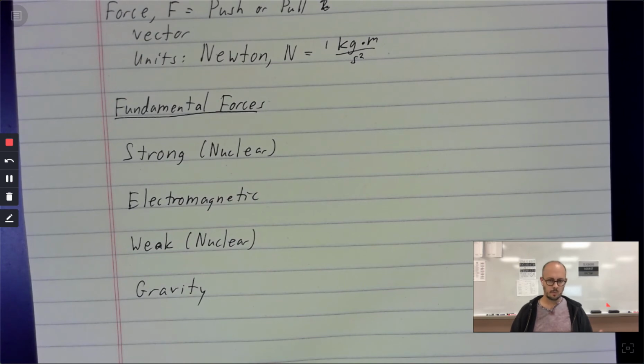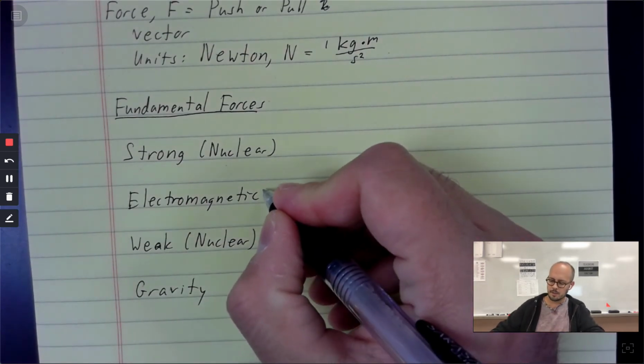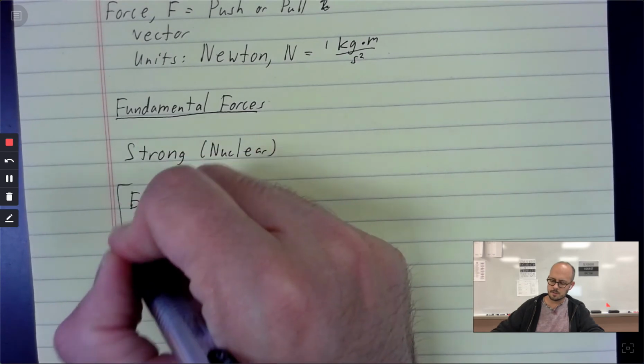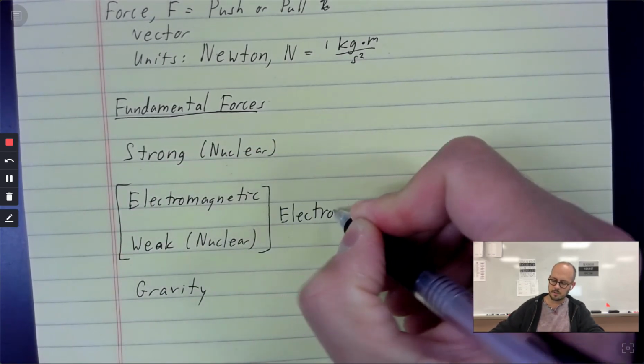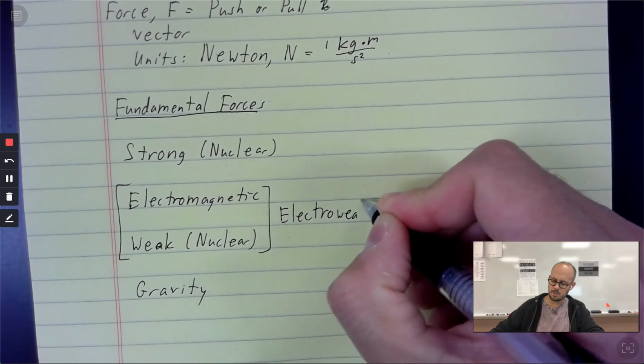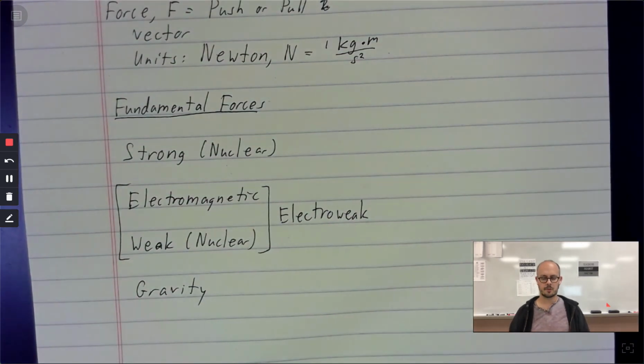I'm not really clear on what it does specifically, but it exists pretty much only within the nucleus of an atom. Lately, I believe in physics, these two forces have been combined or unified into what is called the electroweak force. And so if you want to become a particle physicist, go learn about those things and then come back and tell me about them.